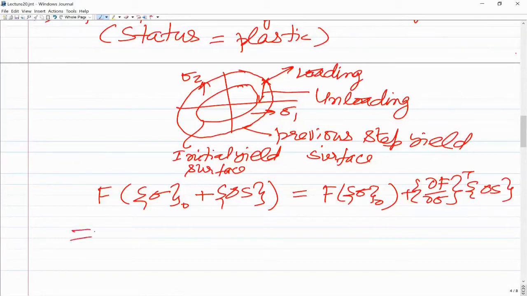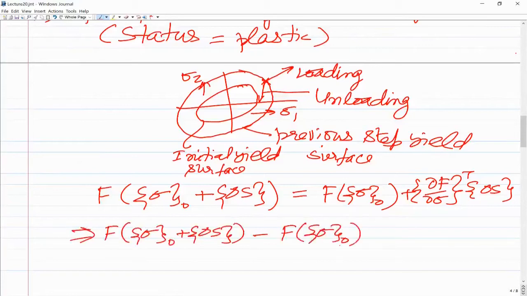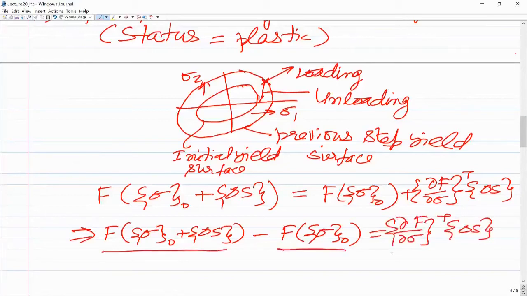So you can write f of sigma naught plus delta s minus f of sigma naught as given by del f by del sigma transpose into delta s. So you need not evaluate these two. You can just do the calculation based on del f by del sigma transpose into delta s.